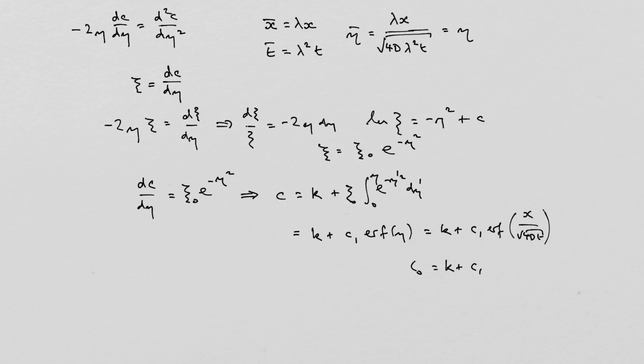To the left, on the left half, where I wanted the concentration initially 0, this would be K minus C1. Okay? And it's pretty obvious from that K is C0 over 2 and C1 is C0 over 2, and I've established my previous result.